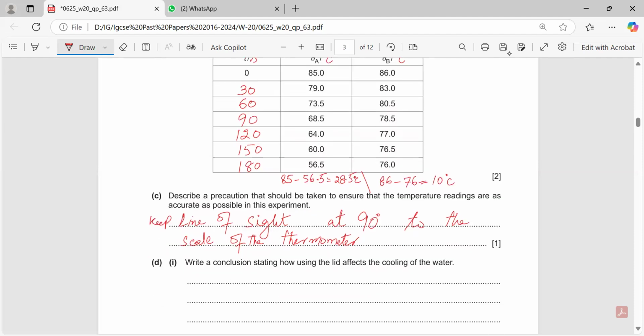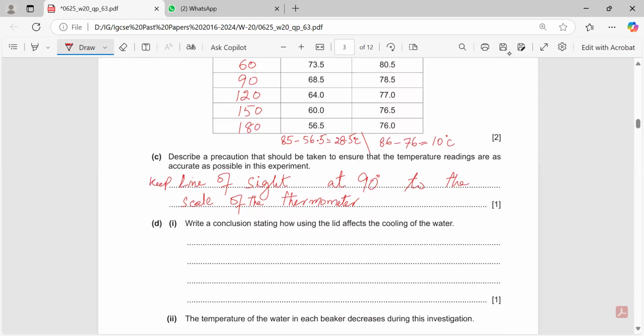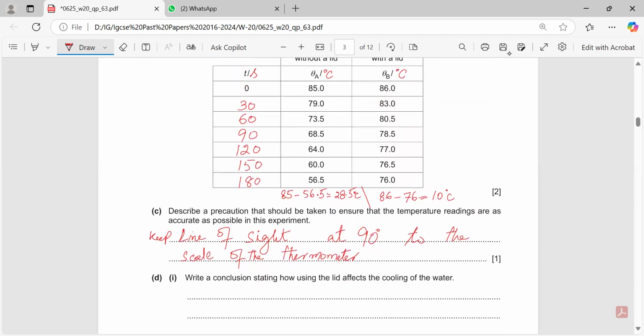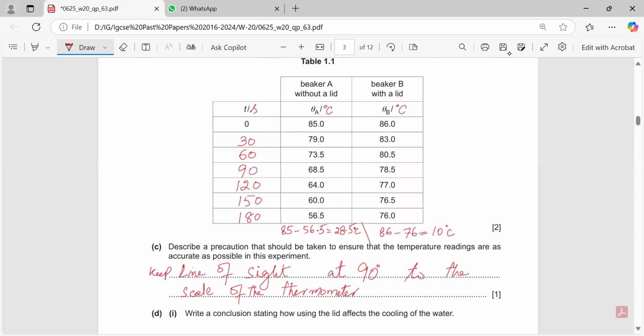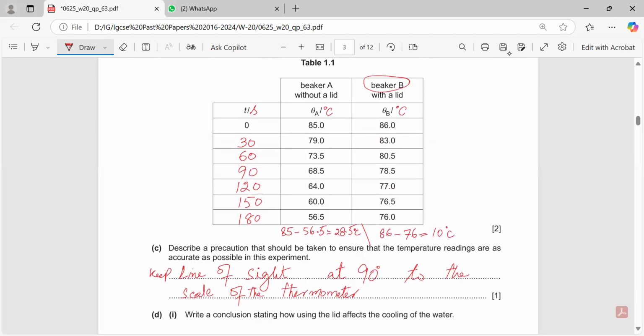So what can we write here? We can write a conclusion stating how using the lid affects the cooling of water. Okay, which beaker is using the lid? Beaker B is using the lid.